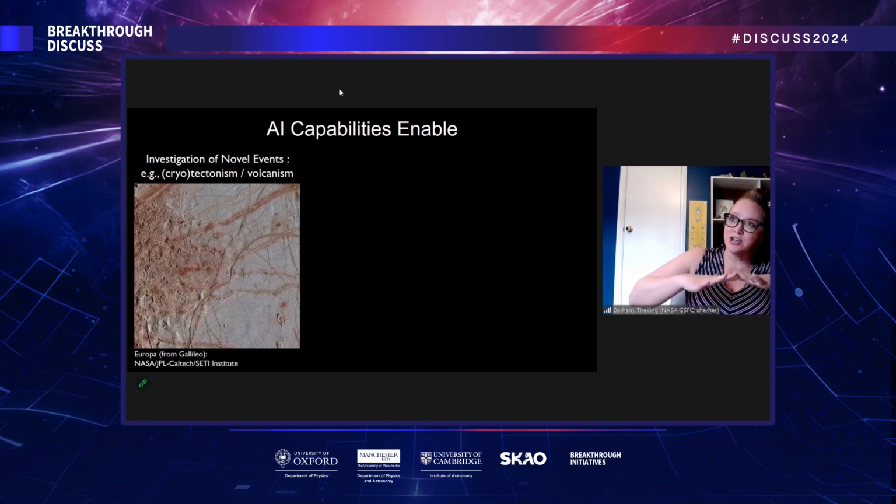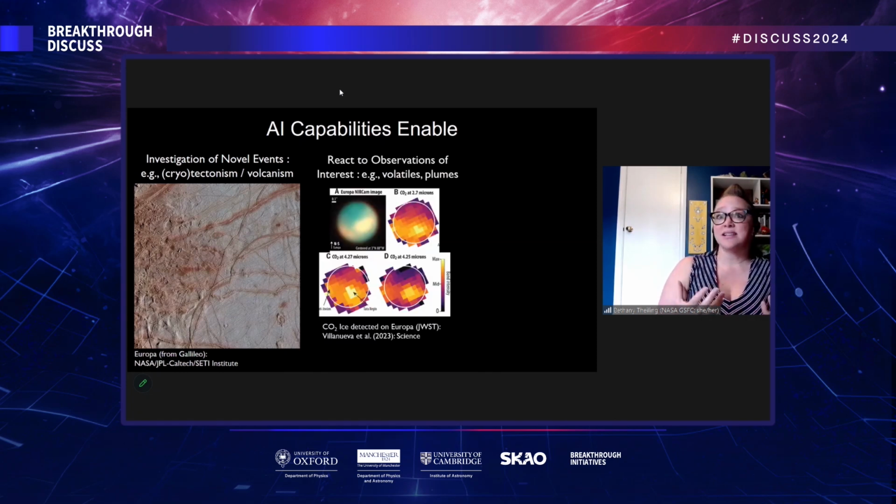If you start to see a flexure of that icy crust, in any direction, using one of your instruments, even a magnetometer, as one of the participants put up this morning, what if you could respond to that? The other thing is that, especially on Europa, we don't know if there are active plumes. There's a lot of work that suggests there could be plumes, but other people do not agree.